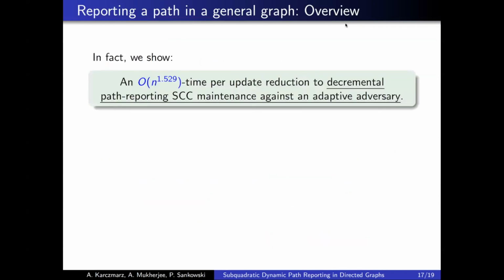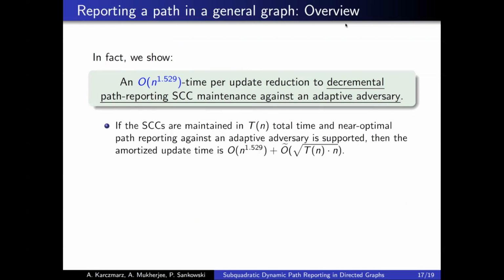In fact, this gives us an order n to the 1.529 time per update reduction to decremental path reporting strongly connected component maintenance against an adaptive adversary. And if the strongly connected components are maintained in total time Tn and can produce path reporting against an adaptive adversary, then the amortized update time of our algorithm is order n to the 1.529 plus order square root of Tn over n.